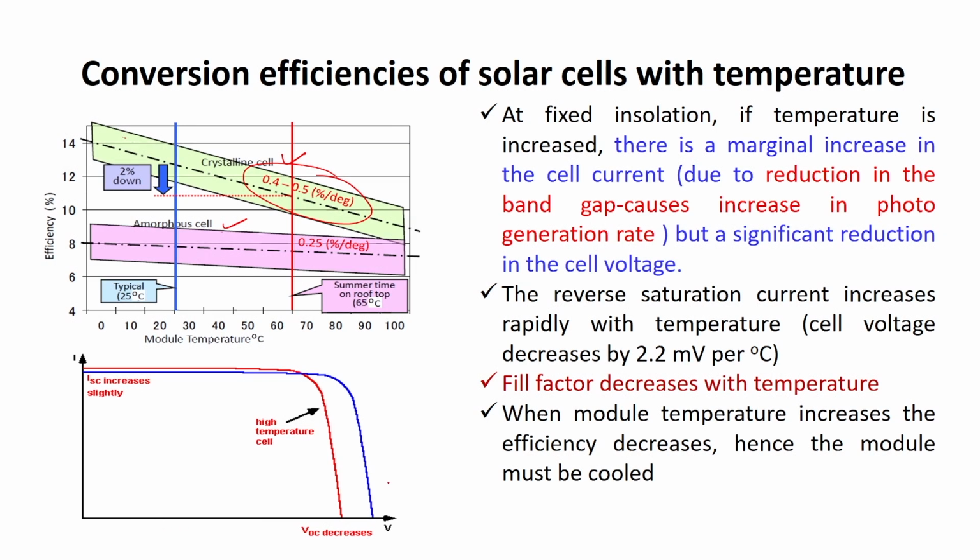One more plot we can generate. This is the IV characteristics curve at normal temperature and at high temperature. By considering a fixed insolation, if the temperature is increased, the red color indicates the increase in temperature, there is a marginal increase in the ISC value, and this is due to the reduction in band gap, which causes an increase in photogeneration rate.